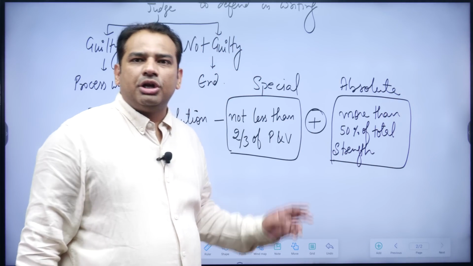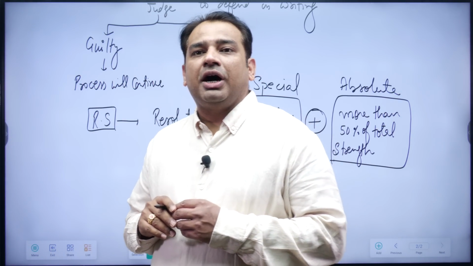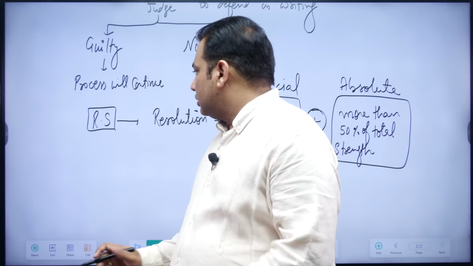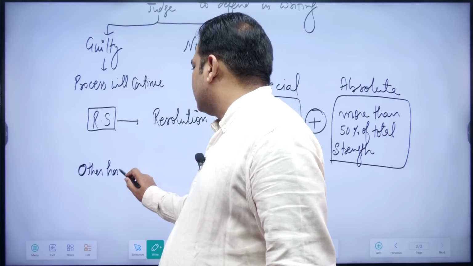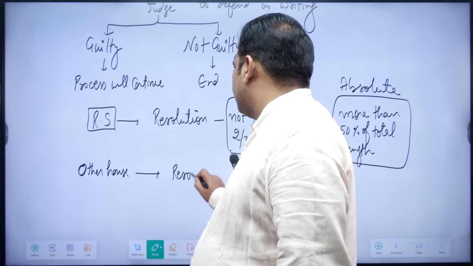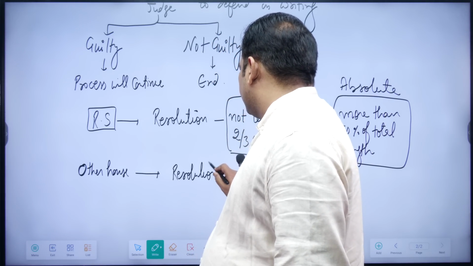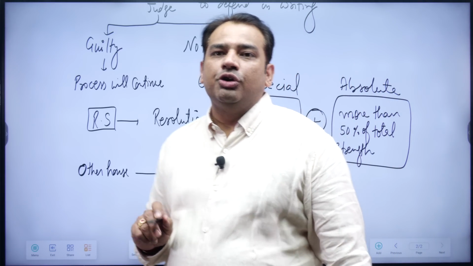So, it becomes a combination of special and absolute majority, and once it is passed by one house, then the other house also has to pass the resolution by special and absolute majority.